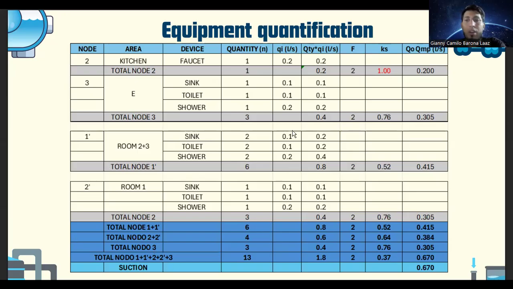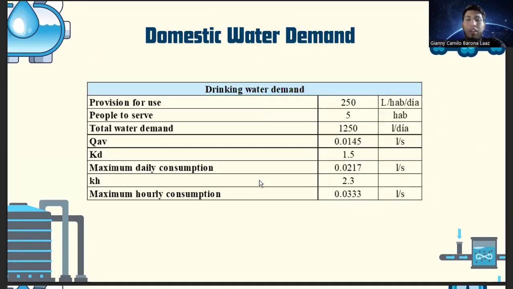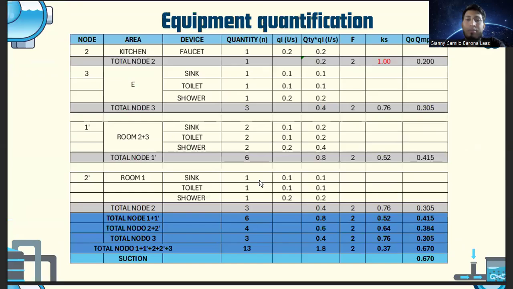So we calculate all the data that we have before on the drawings. For example, here. So all those nodes, we calculate all the QI to get the QS to get finally QO.